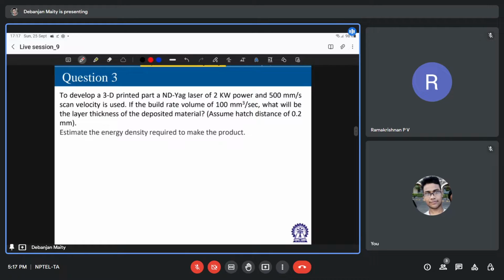So question three is a simple numerical kind of thing, depending on whatever is covered. It says that to develop a 3D printed part in an Nd:YAG laser, the laser power is provided, which is P equal to 2 kilowatt. And then it says that there is a 500 mm per second scan velocity of the laser.